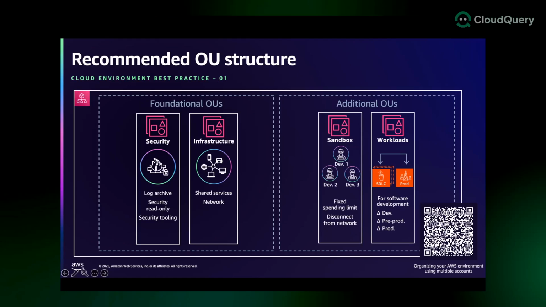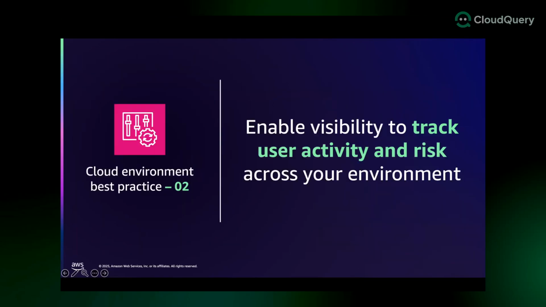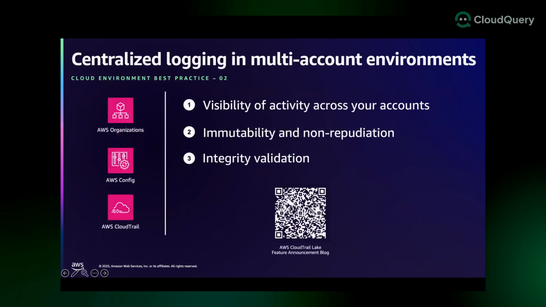Can we identify spending to a specific user, and how do we constrict that, for example? And that comes to the next best practice, which is enabling visibility to track user activity and risk overall across your environment. This is a really important best practice, and it really comes down to centralized logging in a multi-account environment.